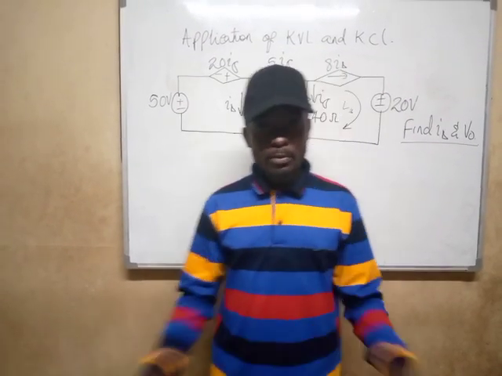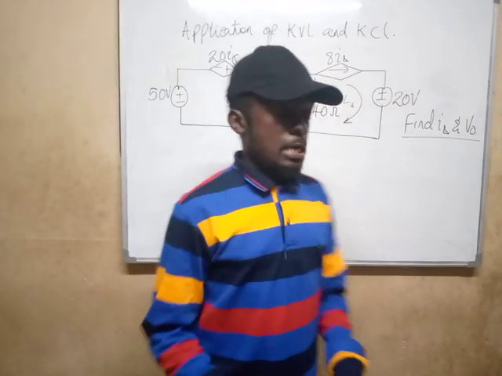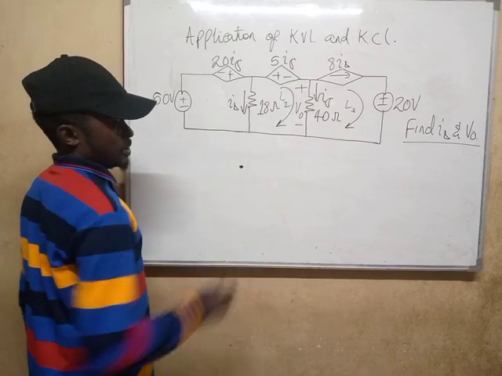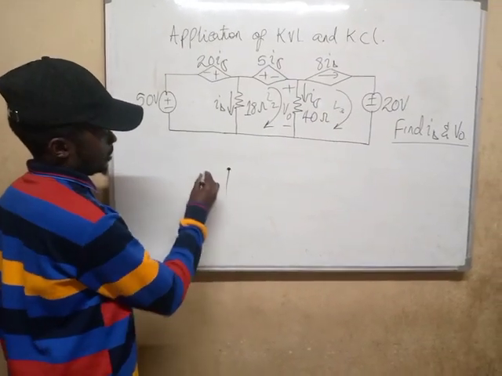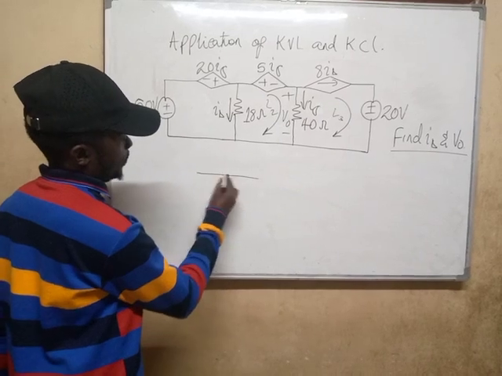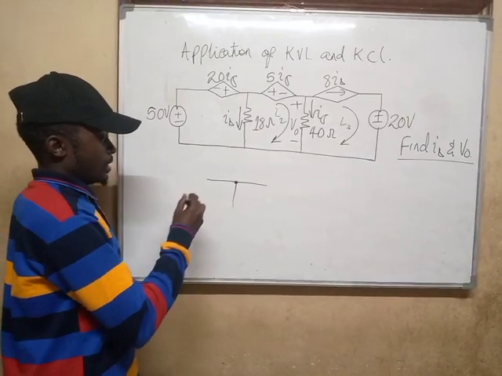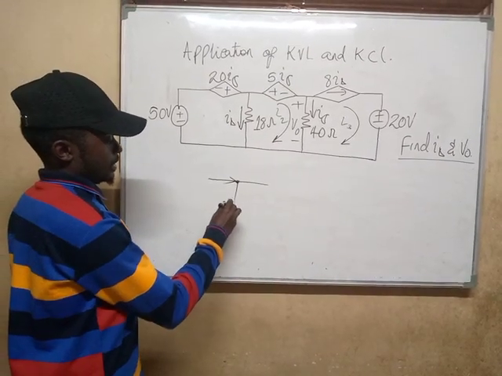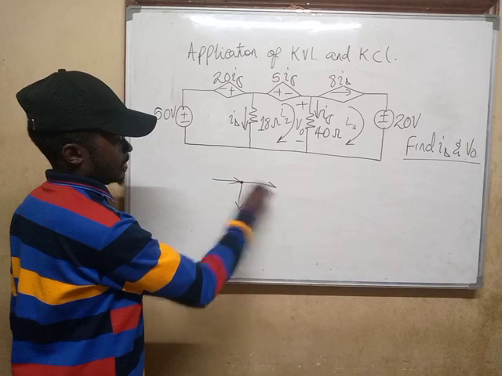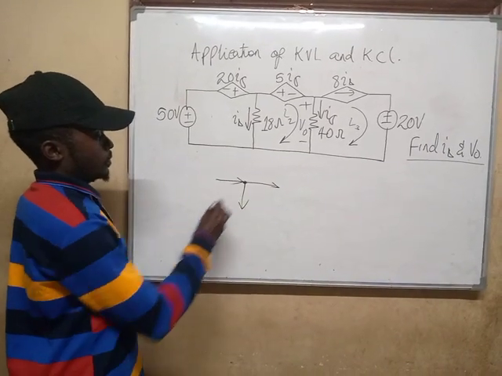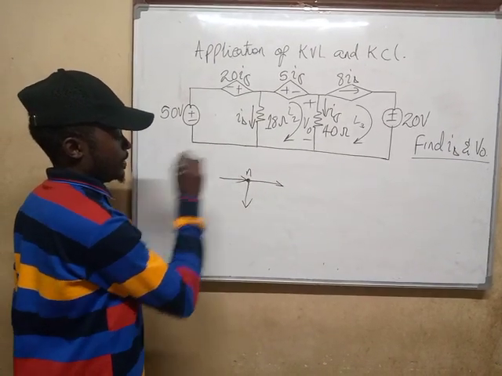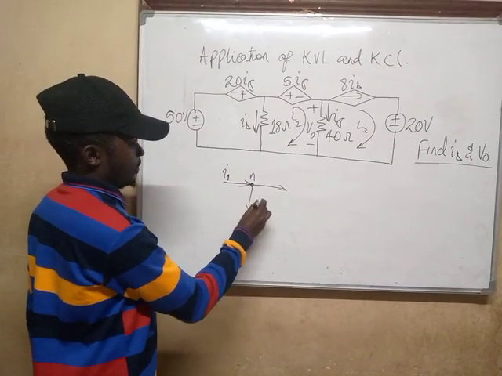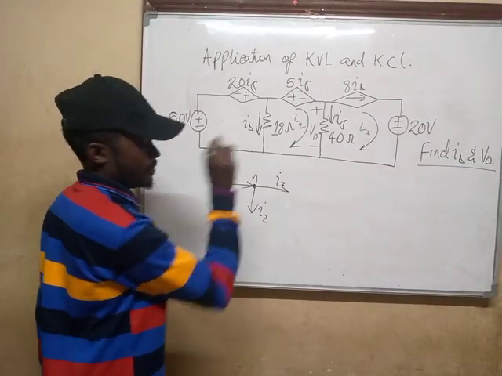When we talk of the branches, we are talking about the circuit element. Take for instance, we have this point, then there comes a branch, there comes a branch, and there comes a branch. The current entering this node must be equal to the current leaving this node. So this is the node, this is N. I have I1, I2, I3.